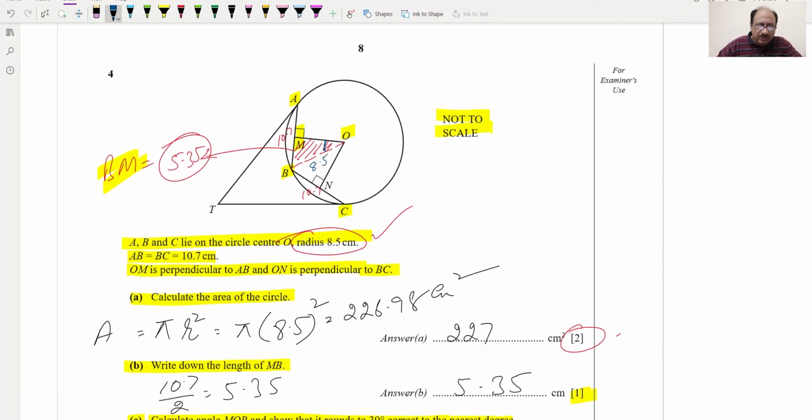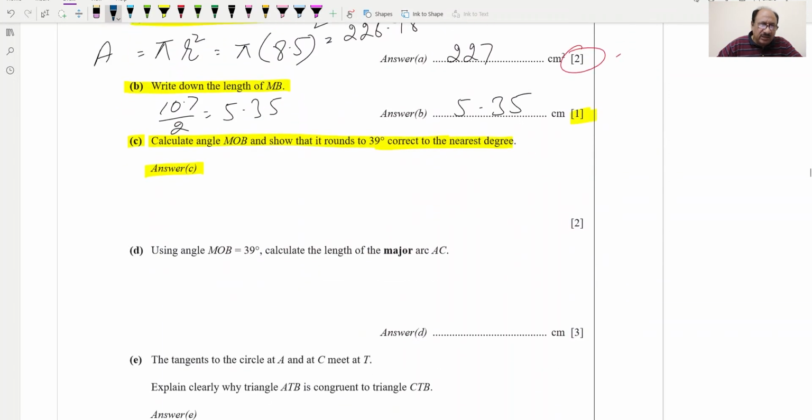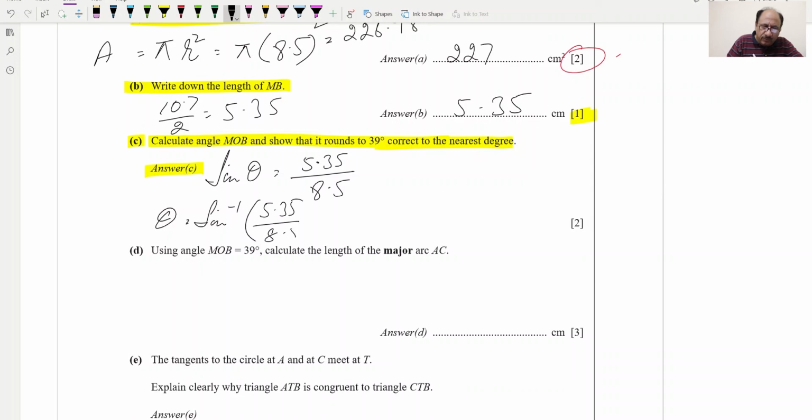So in triangle OMB we can write sine theta. So sine theta will be equal to 5.35 divided by the hypotenuse, which is 8.5, and theta will be equal to sine inverse of 5.35 divided by 8.5.